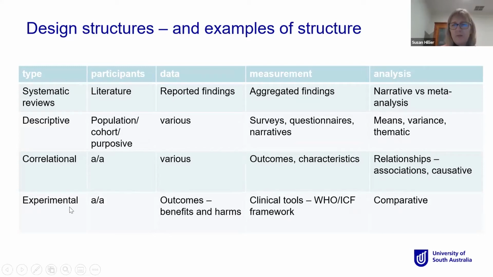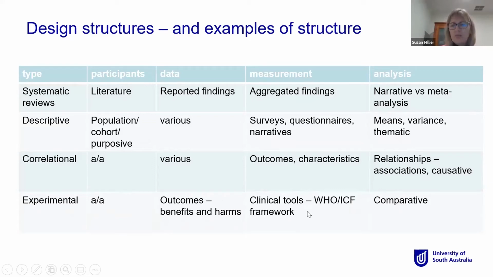And then finally, the more classic experimental studies, again, where the population is a defined set of participants. A sample could be a cohort or population-based. Our data are related to outcomes as a result of our intervention, and looking at the benefits, the impact in terms of benefits, but also the impact in terms of harms.